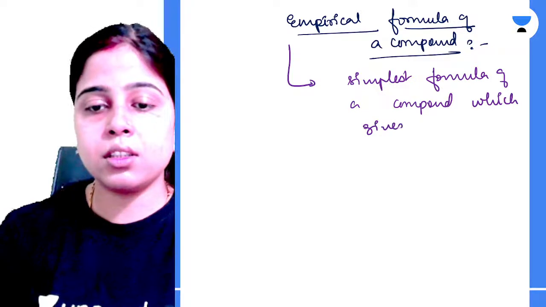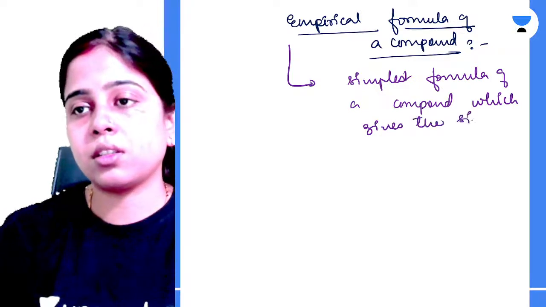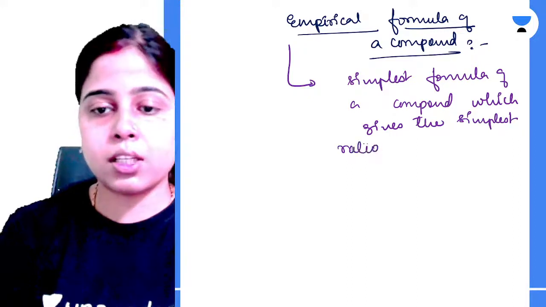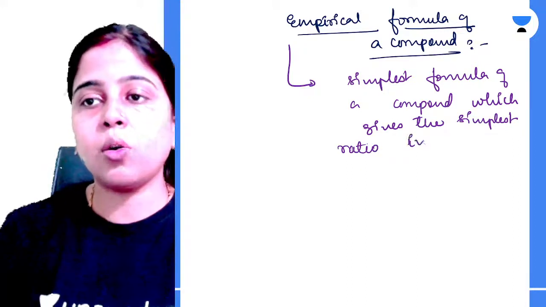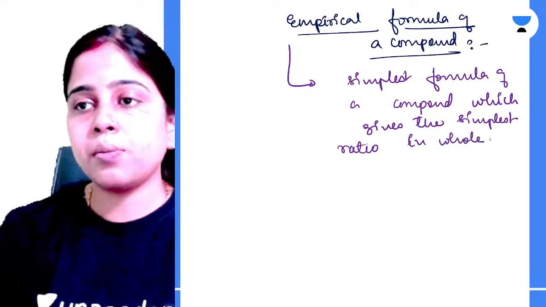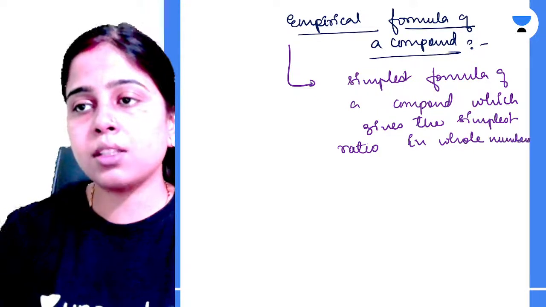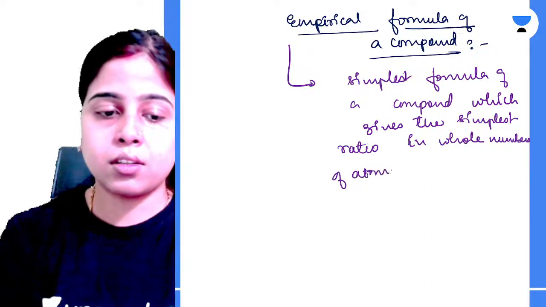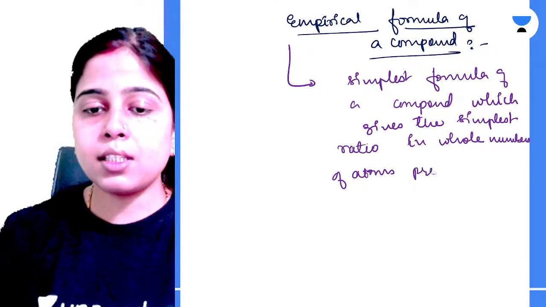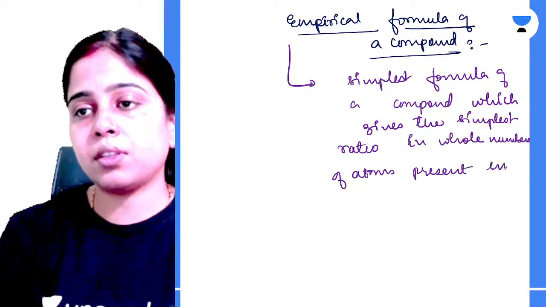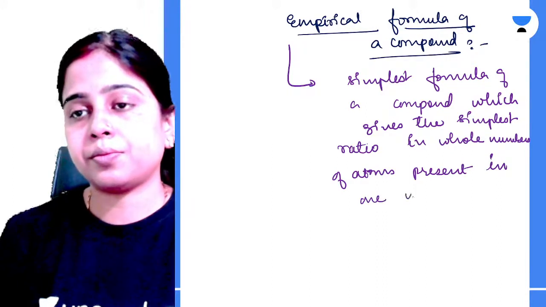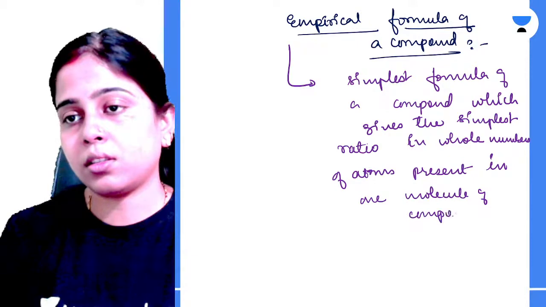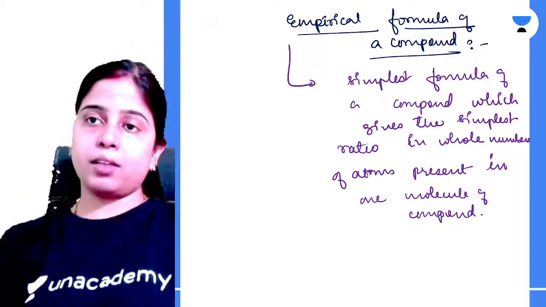Which gives the simplest ratio in whole numbers of atoms present in one molecule of the compound. This is the empirical formula of a compound.